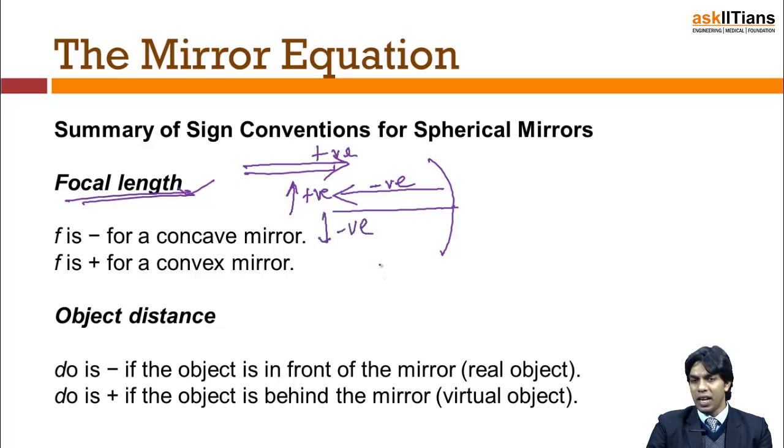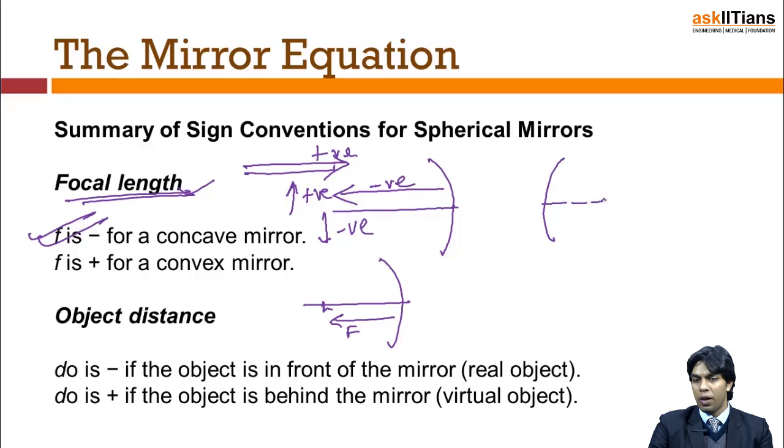So if I consider any general mirror, let's say I consider my concave mirror, the focal length is over here. So this is the focal length. So focal length is negative for the concave mirror. And the focal length for the convex mirror will obviously be over here. So the focal length for the convex mirror is positive. Similarly, you can find out the convention regarding the object distance and the image distance.